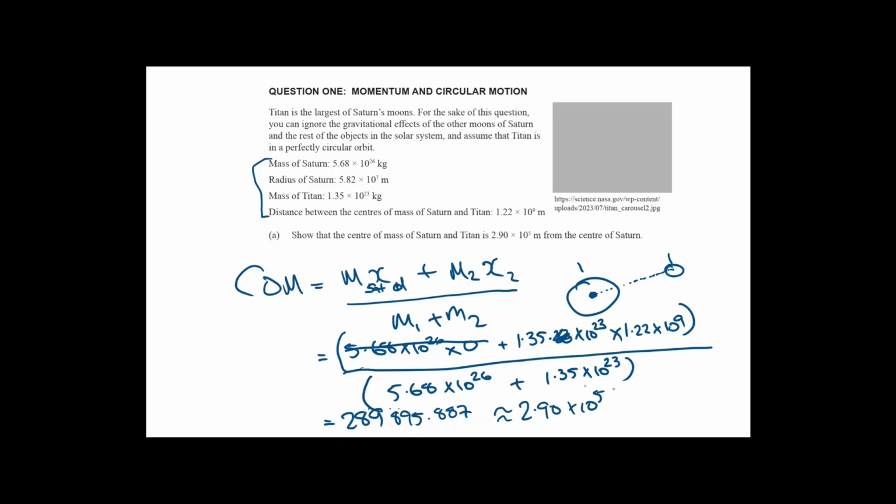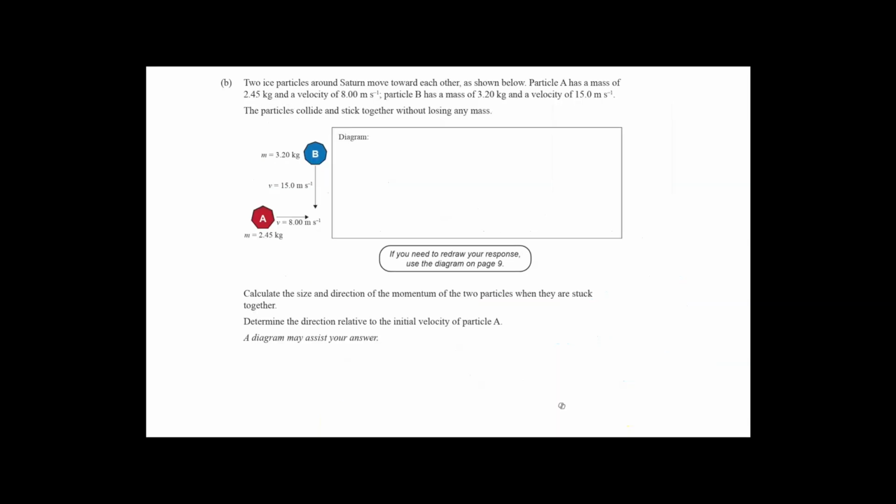Yep, so that works. That would be our answer. And it doesn't matter whether you're finding the center of mass for a seesaw or your desk, the physics is still the same. Now we're told that 2 ice particles around Saturn move toward each other as shown below.